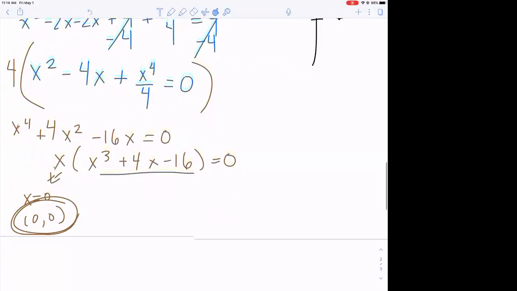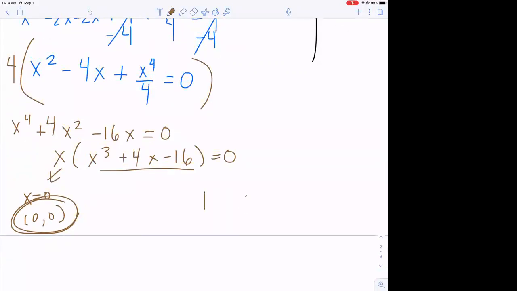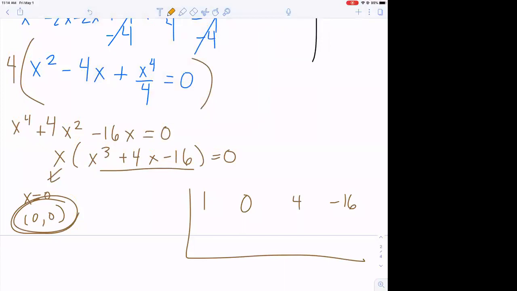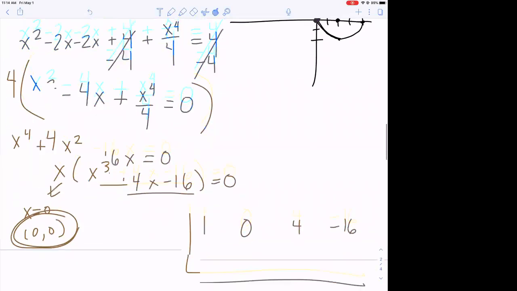Well, we could go back to our division box like we did last time and put a 0 in because there's no squares, and try some things. I'm just going to try 1 or 2 because I feel like 1 or 2 is going to be the only thing that really gives it to us.